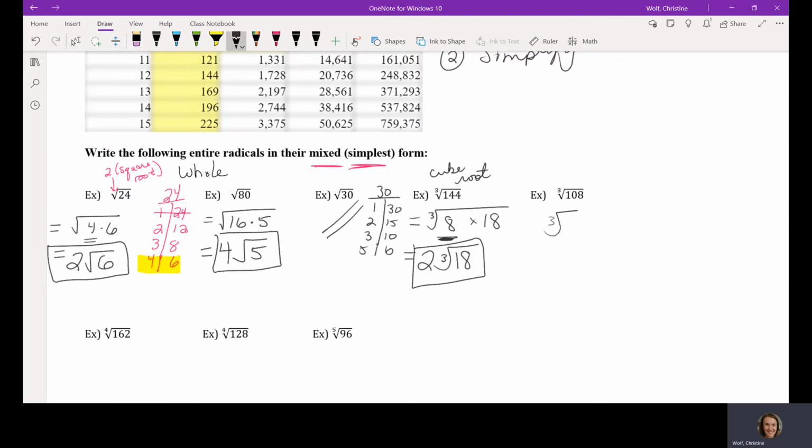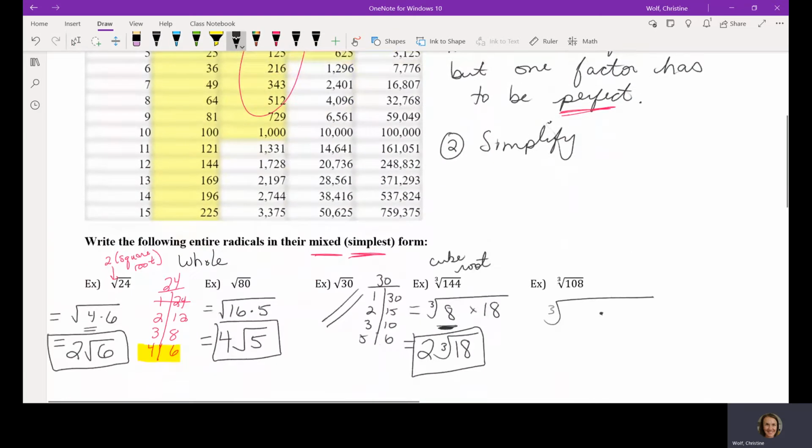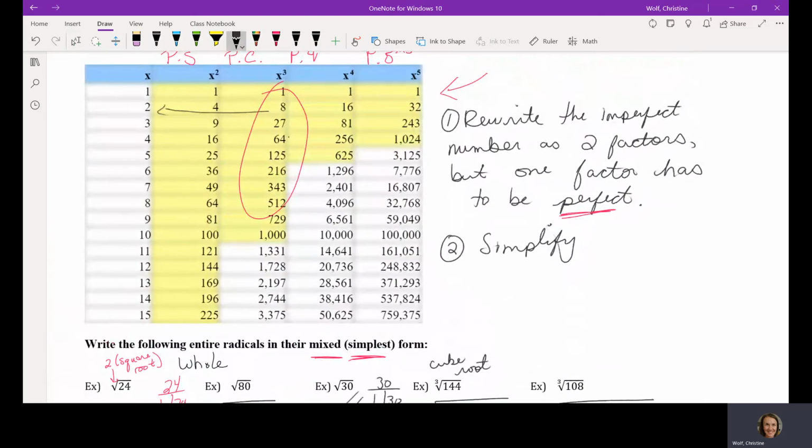All right, same thing, cube root of 108. I want to rewrite 108 as something times something. But again, because it's the cube root, one of the options I pick has to come from this list of perfect cubes. So again, for 108, I'll start at 64. Can 108 be divided by 64 perfectly? If you go 108 divided by 64, nope, you'll get a decimal.